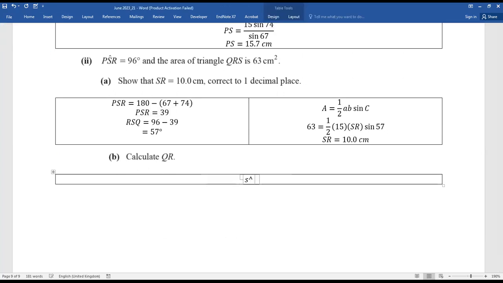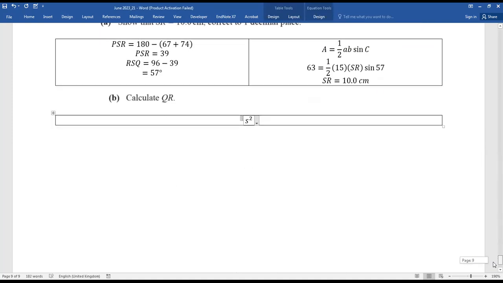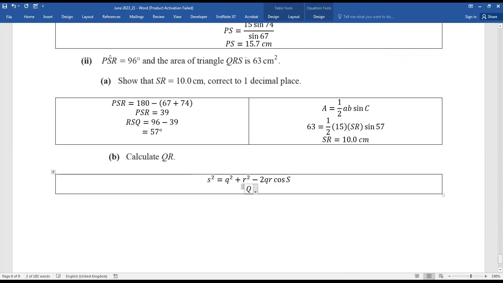So the triangle that we are concerned with is SQR. s squared is equal to q squared plus r squared minus 2qr cos S. So QR squared is 15 squared plus 10 squared minus 2 into 15 into 10 cos of the angle 57.